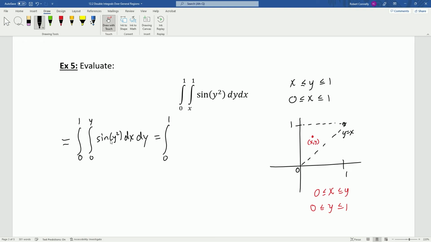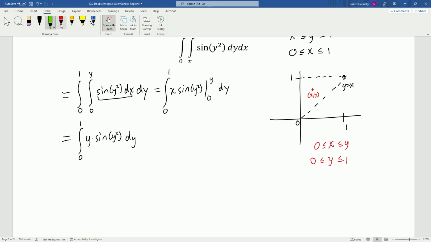Okay, so now when we integrate this, we're integrating with respect to x first. So we actually just get x times a constant here. So it's x times sine of y squared, evaluated from 0 to y, dy. And evaluated at y, I get y times sine of y squared. And evaluated at 0, I get 0.